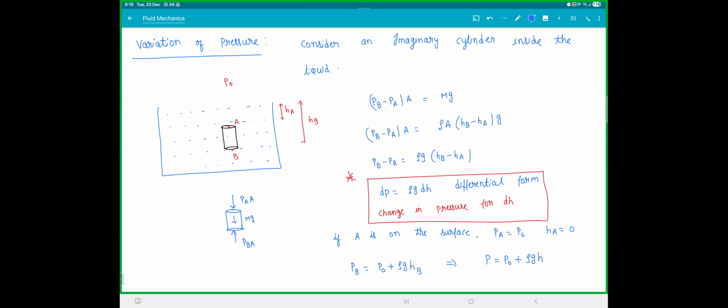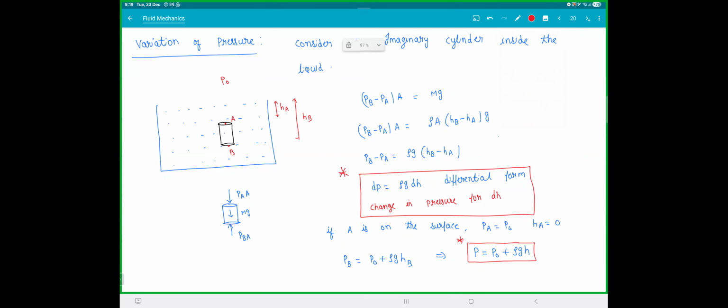But this is valid only when rho and g are constant. If your density or gravity is changing, you can't use this formula. And H is the depth from the surface.